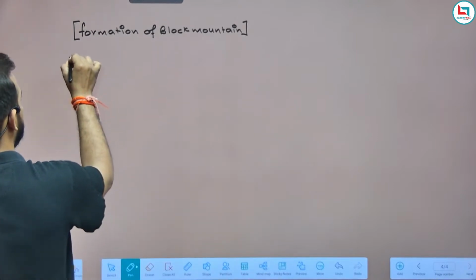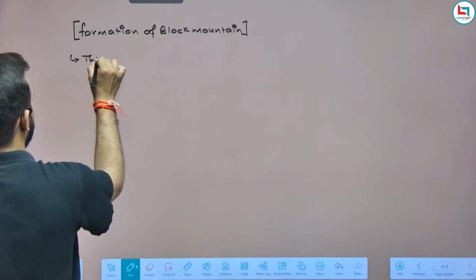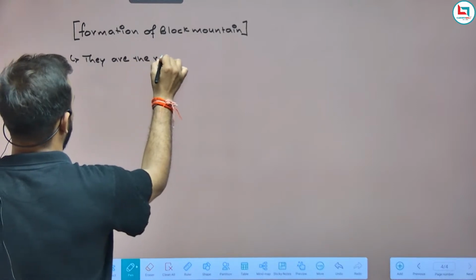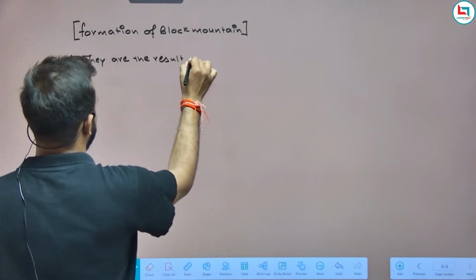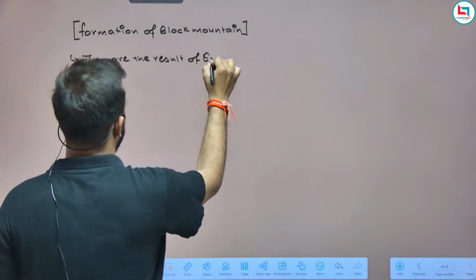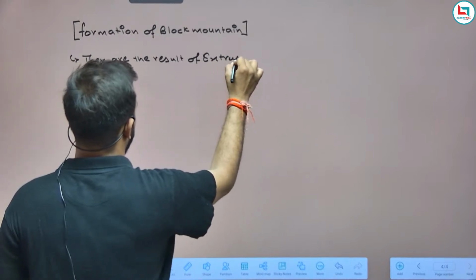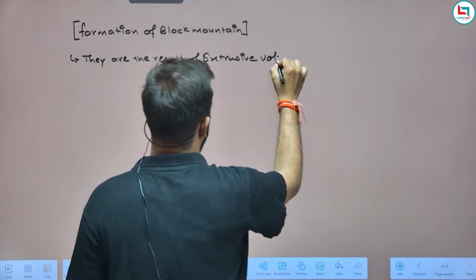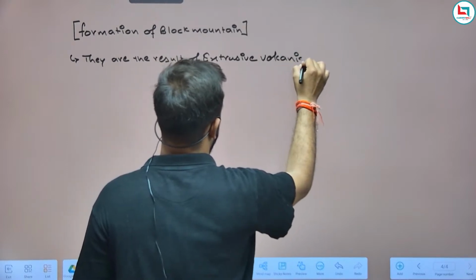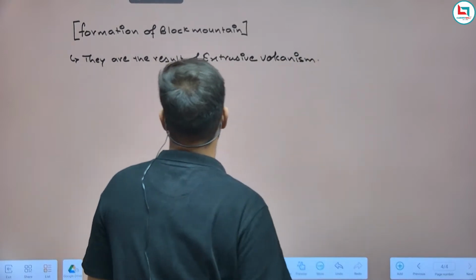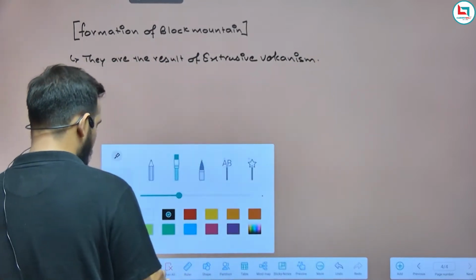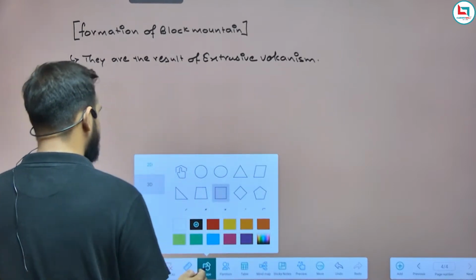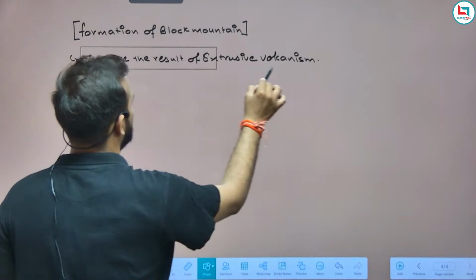They are the result of extrusive volcanism. Now guys, before knowing the extrusive volcanism, we should know what volcanism is.